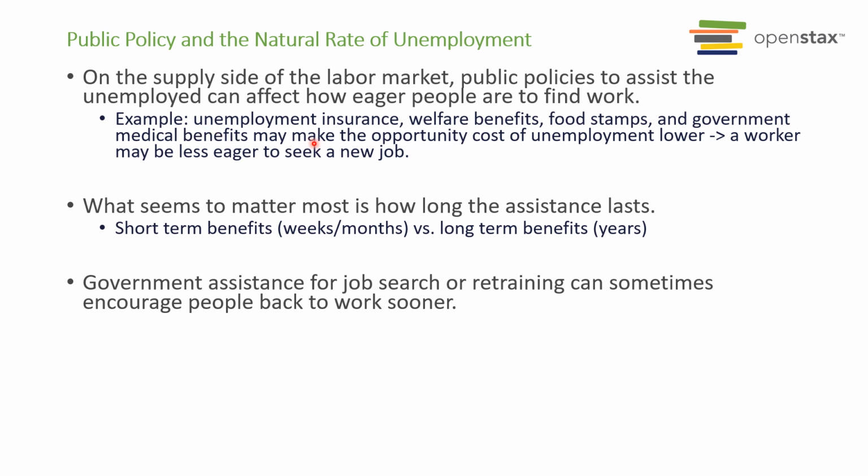Some people might see that as, well, if the government's paying me unemployment insurance when I'm not working, if I get welfare benefits and food stamps, which give me free housing, free food, and let's say free healthcare, then what is the incentive for me to go out and get a job when I lose my job? So those policies might make the opportunity cost of unemployment lower. And so a worker might be less eager to seek a new job.